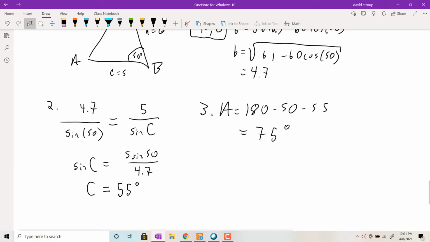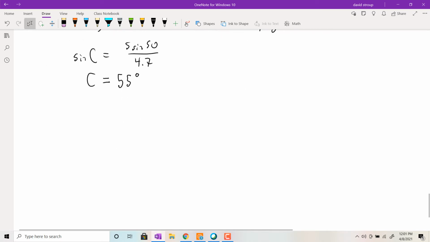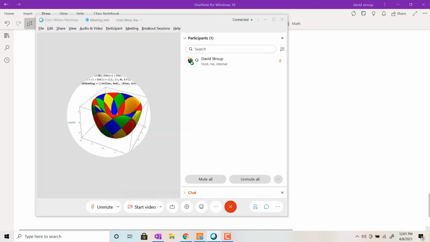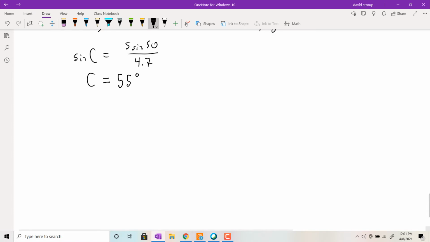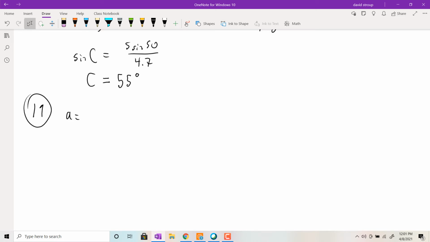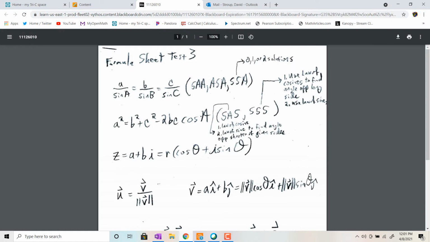Okay. The last type then is side-side-side. And there's no way to confuse that. That's automatically going to be your law of cosines. So A is 3, B is 9, and C is 8. If you look at the formula sheet for side-side-side, use law of cosines to find the angle opposite the long side.